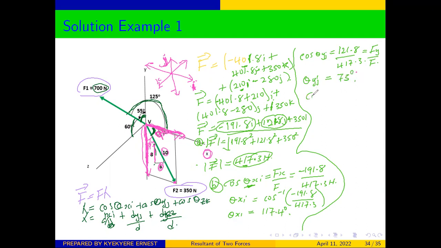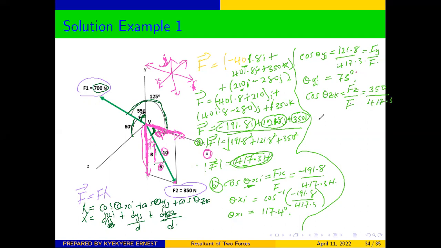degrees. And then we can get the angle the force is making with our z-axis, and that will be equal to Fz over F, which is our force in the z component over the magnitude of our force. So in this case, this will be equal to the value of the force in the z component, which is 350, over our resultant force, which is 417.3.